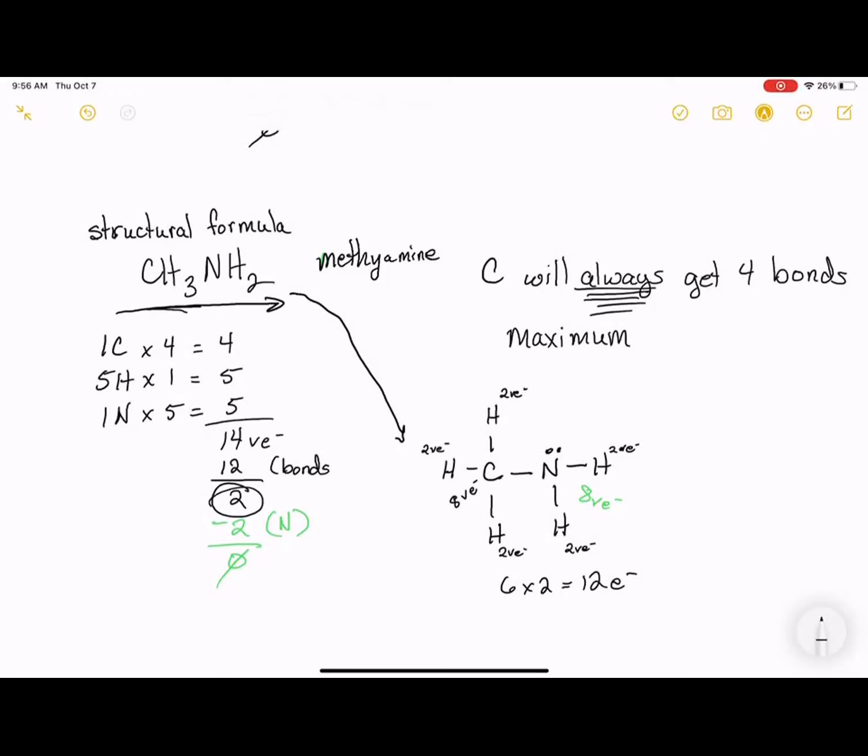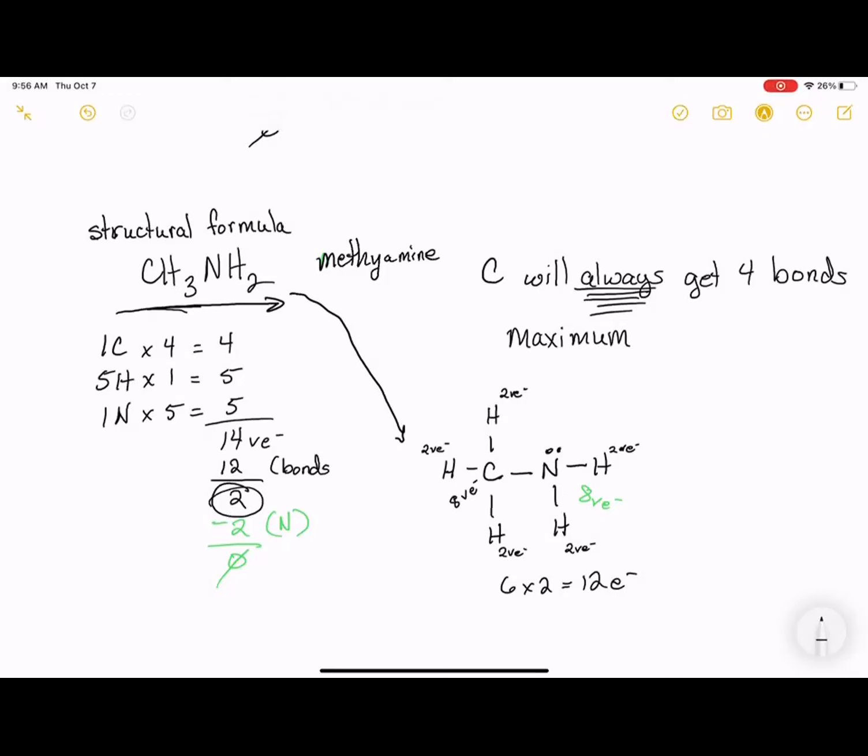You will notice hydrogen always gets 1. That's its only exception, the only thing. If you look at where carbon is, it's gonna get 4. And if you look where nitrogen is, it's gonna get 3.